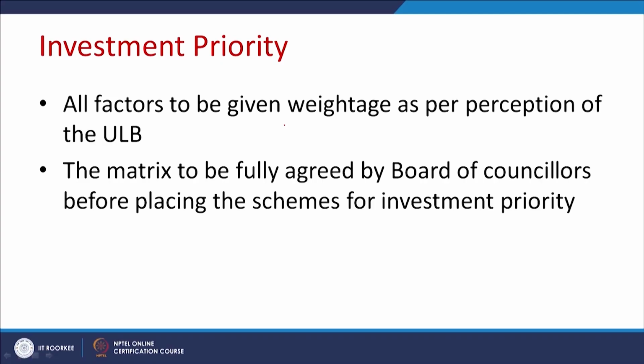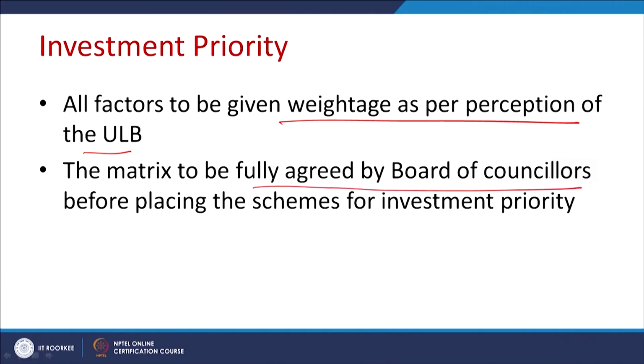Then all factors are to be given weightage as per the perception of the ULB. So the priority of a capital investment project is not at the discretion of the mayor or the chairperson. Some criteria based on the factors has to be given, and based on those factors you can make the final priority index.